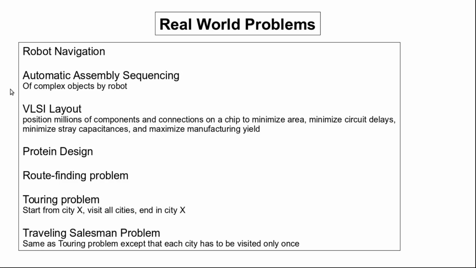The VLSI layout problem, where we need to position millions of components and connections on a chip, and we want to minimize the size of the chip. We also want to minimize the circuit delay, and we want to minimize the stray capacitances, and we want to maximize manufacturing yield. So again, this is a real world problem which can be solved by using search technique.